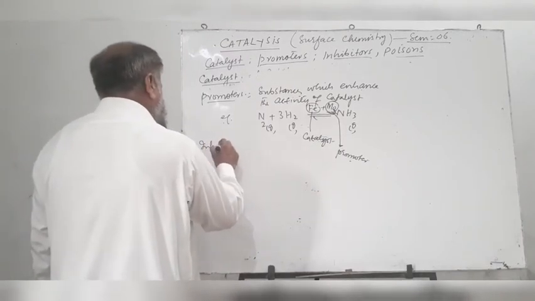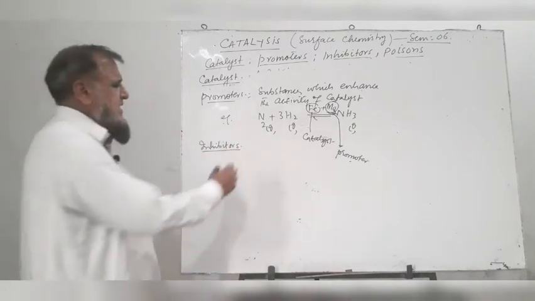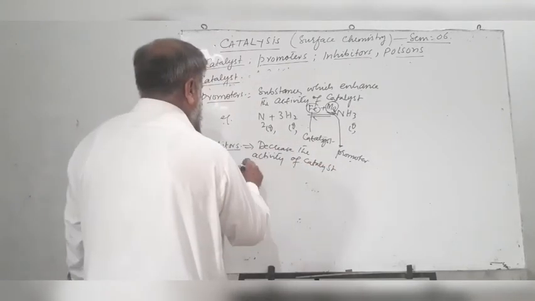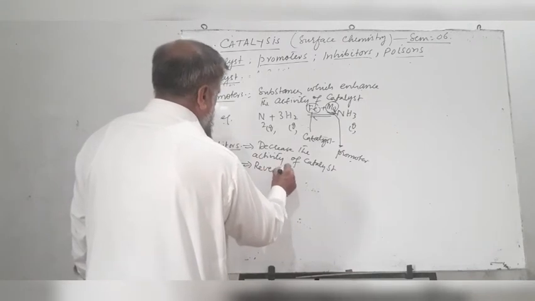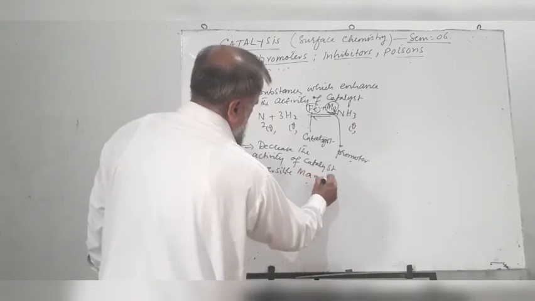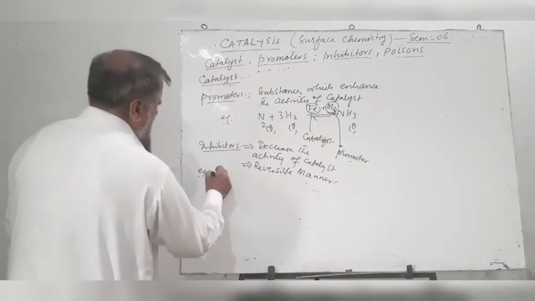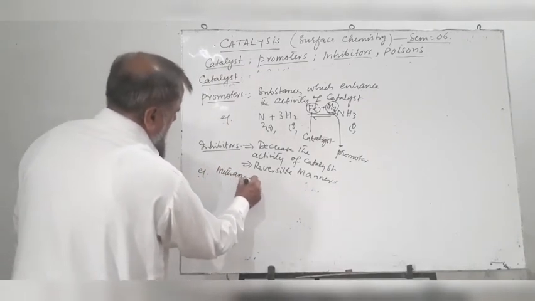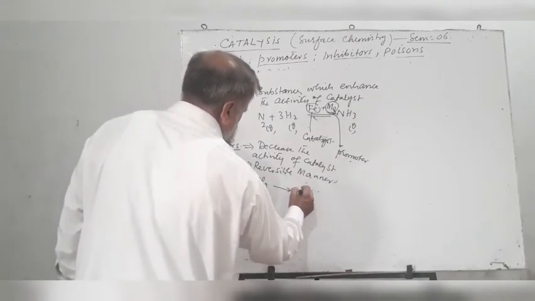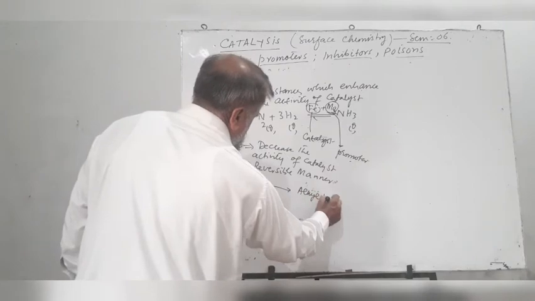On the contrary, inhibitors are those substances which decrease the activity of catalyst and they work in reversible manner. If we remove the inhibitor, the activity of catalyst will be restored. For example, in the reaction between methane and chlorine to produce alkyl halides, different chlorinated products which are called alkyl halides.